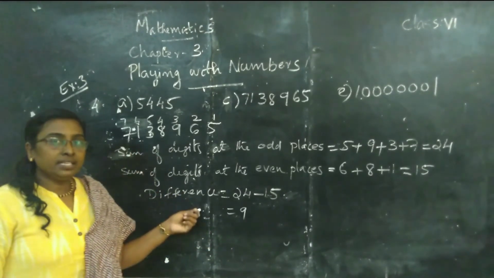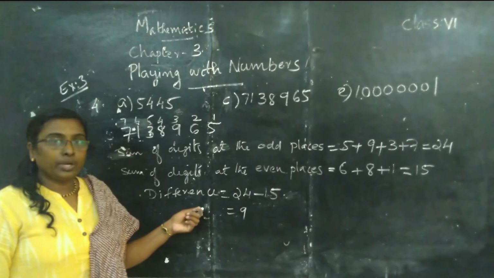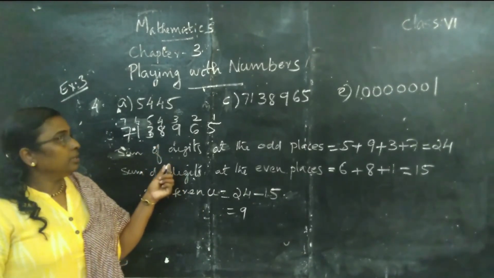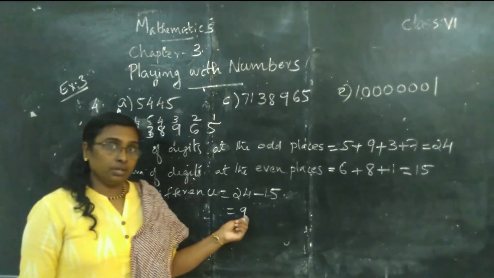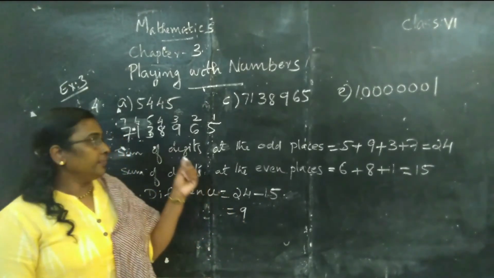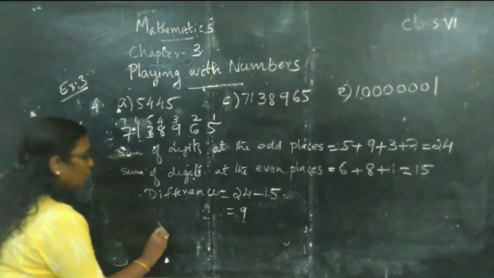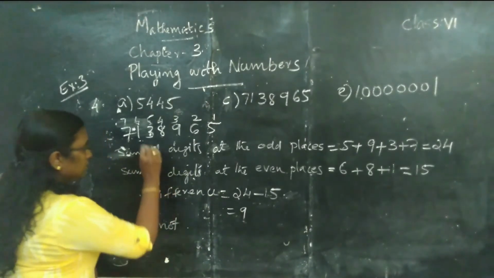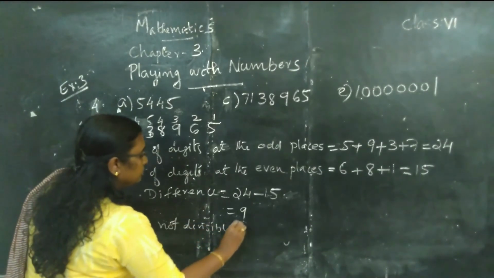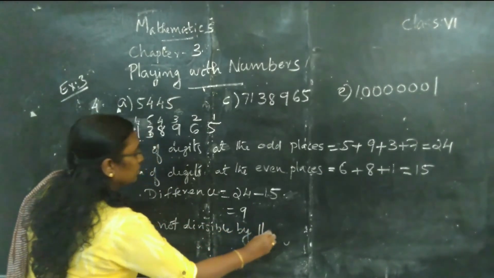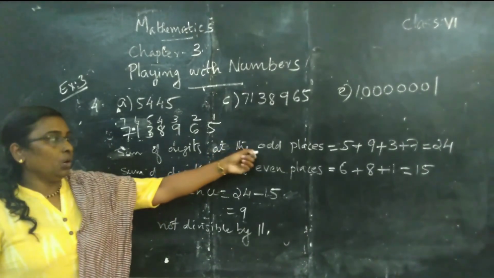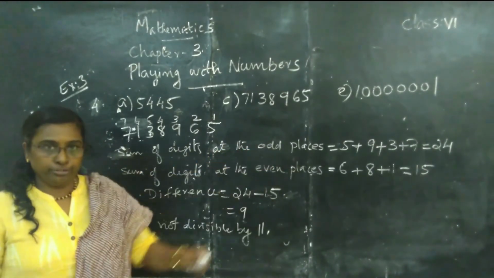If the difference is 0 or a multiple of 11, the given number is divisible by 11. Here it is not 0 and not a multiple of 11. 9 is not a multiple of 11. Therefore, this number is not divisible by 11. So, first we find the sum of digits at the odd places, we get 24.